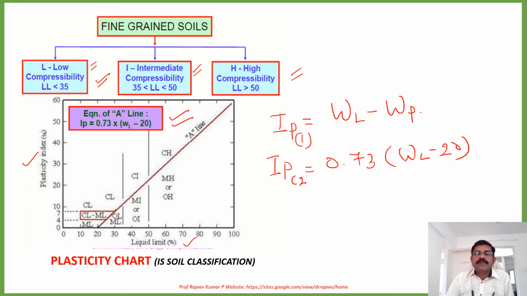We can denote this as Ip2. So you get two values for plasticity index. If the calculated value Ip1 is above or below the A line, it may be here or it may be here, accordingly you can define the soil. It may be clay or it may be silt. Let us see how this can be solved.